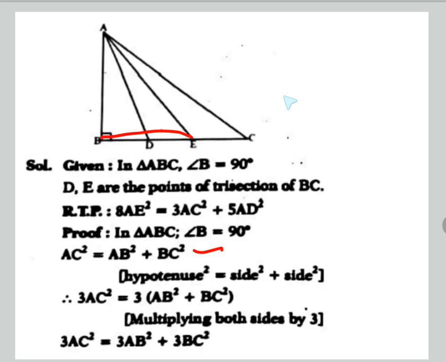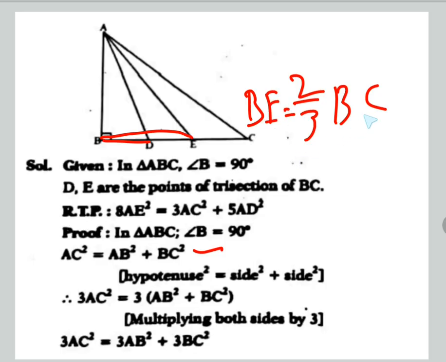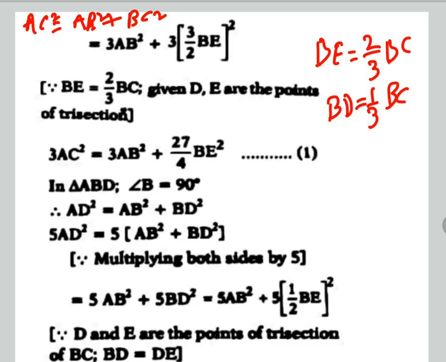Here BE is equal to 2 by 3 BC, and BD is equal to 1 by 3 BC. We can substitute the values in the equation. AC square is equal to AB square plus BC square, then 3 AC square is equal to 3 AB square plus 3 BC square.